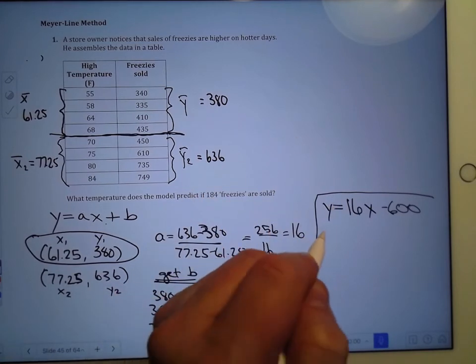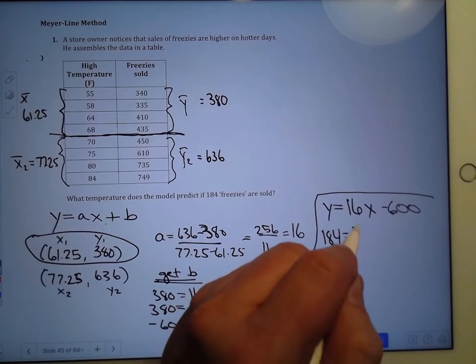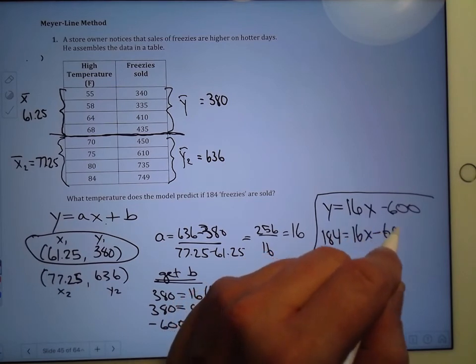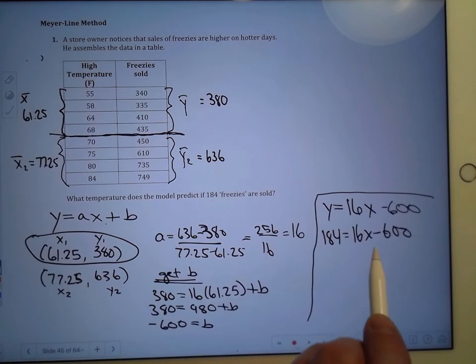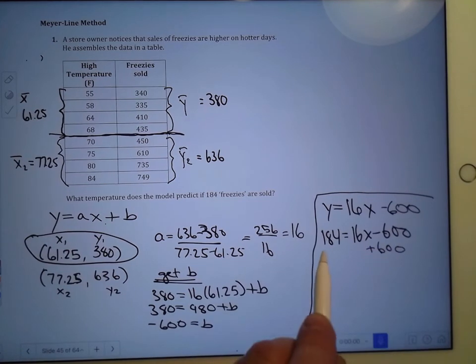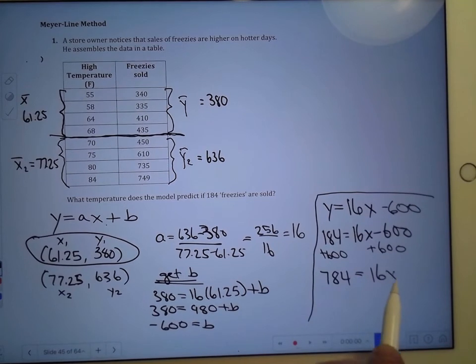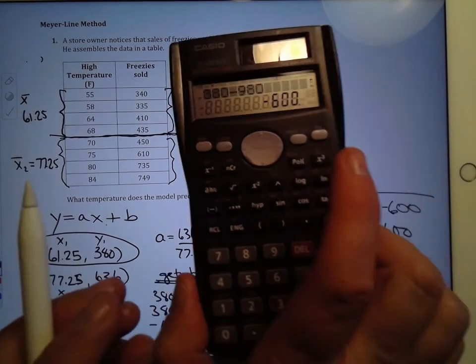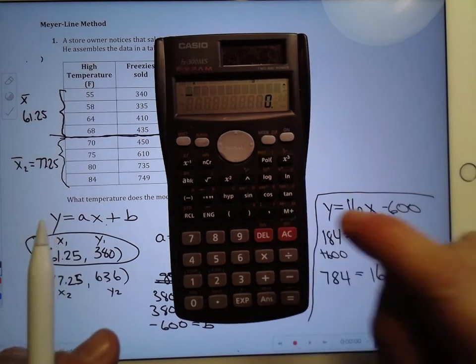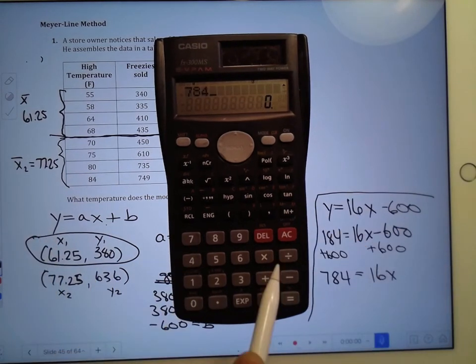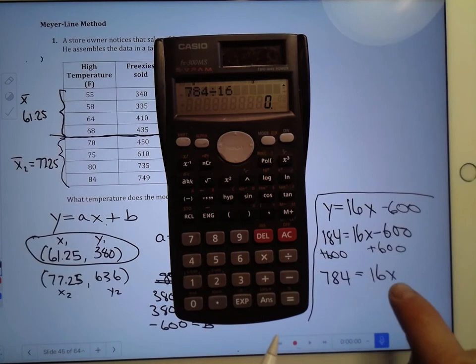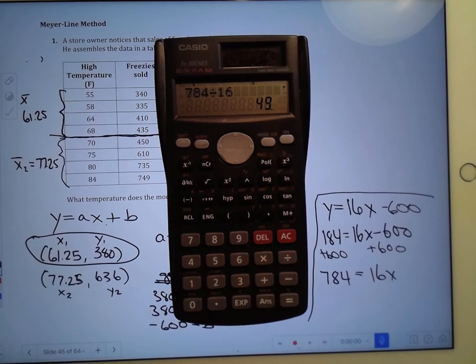So 184 is equal to 16x minus 600. And I'm going to add 600 to both sides, trying to solve for x here. That gives me 784 is equal to 16x. 784 divided by 16. I've got to get rid of that multiplication there. And that's going to give me 49. So the x is equal to 49.